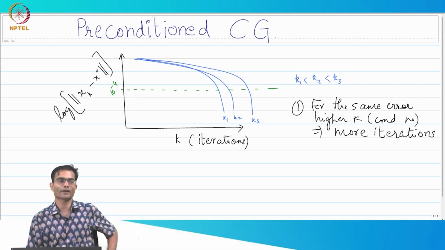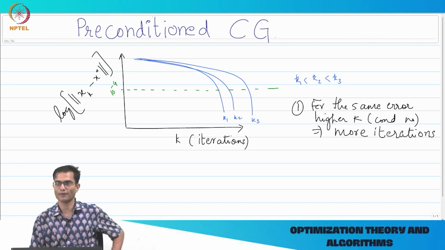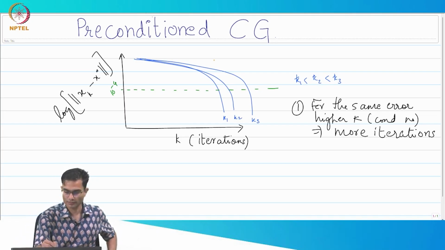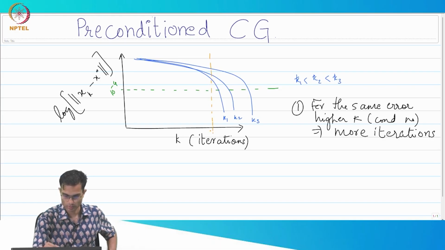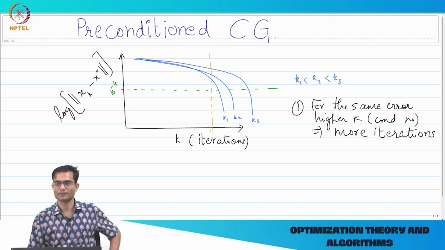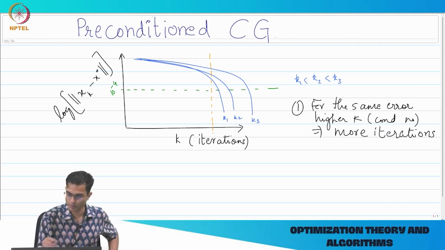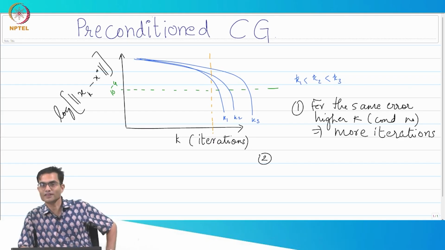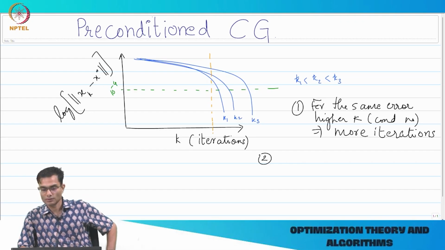And if I had fixed computational resources, if I wanted to devote only so many iterations to this problem, that would be a vertical line on this graph. Something like this. That's my vertical line. So what is our observation looking at this vertical line? If I have a fixed number of iterations, the one with a higher condition number has higher error, right?